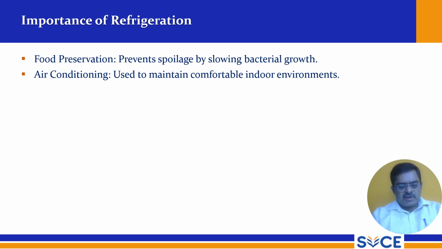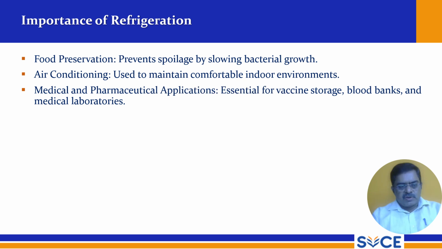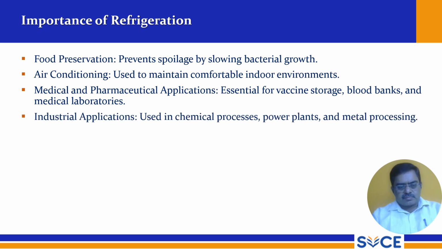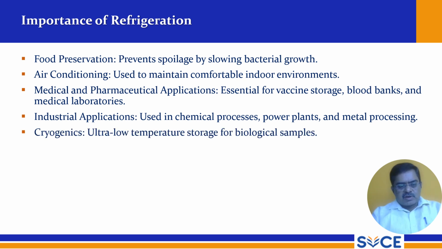Medical and pharmaceutical applications are essential for vaccine storage, blood banks, and medical laboratories. Industrial applications are used in chemical processes, power plants, and metal processing. Cryogenics is ultra low temperature storage for biological samples.